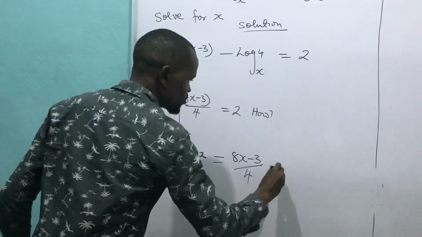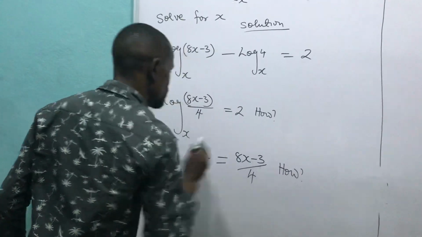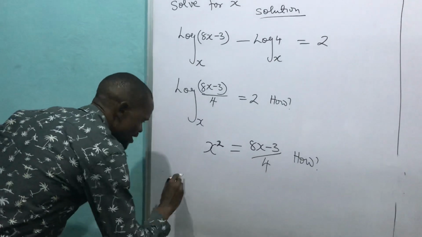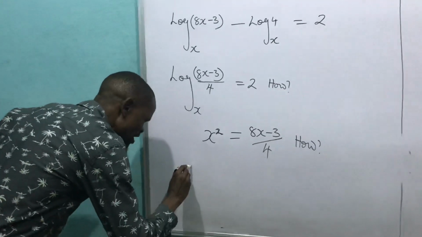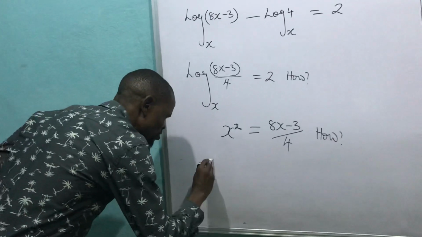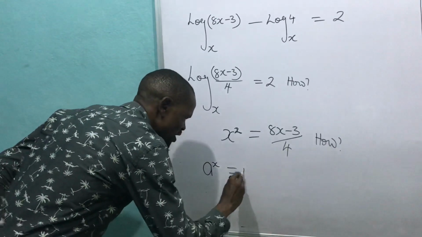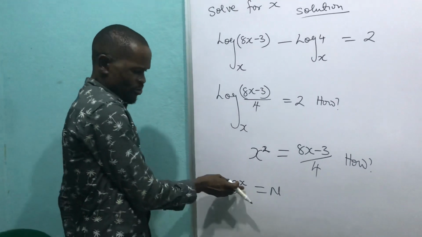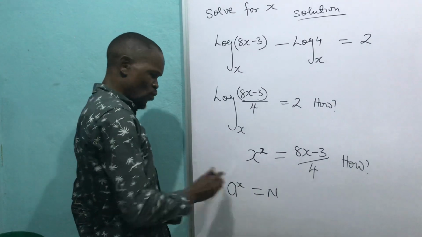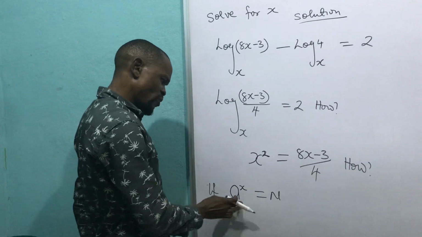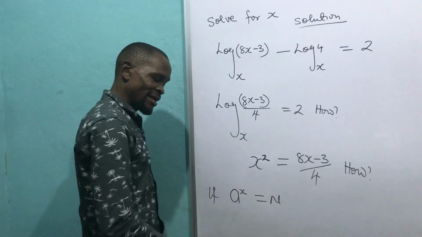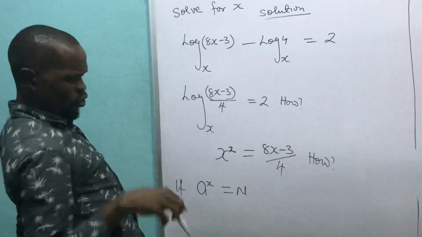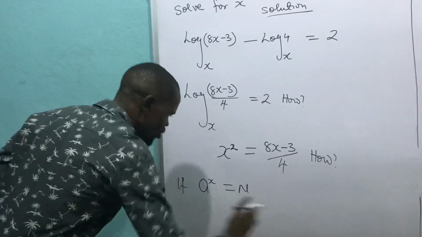Somebody will say how? What does it mean? You know that what logarithm says is that if a raised to the power x is equal to n, this is indices, then from indices we can change over to log by taking the log of both sides.